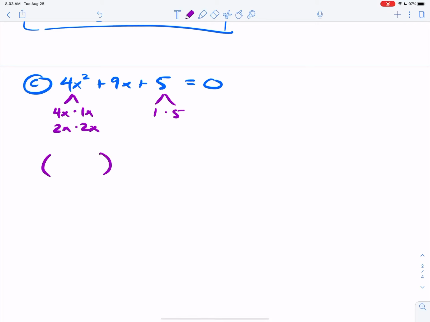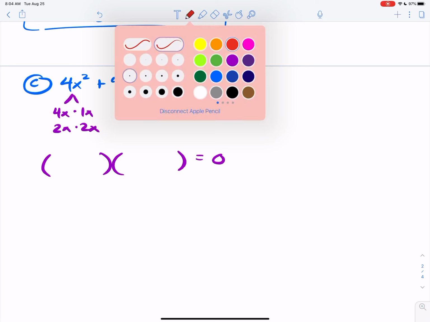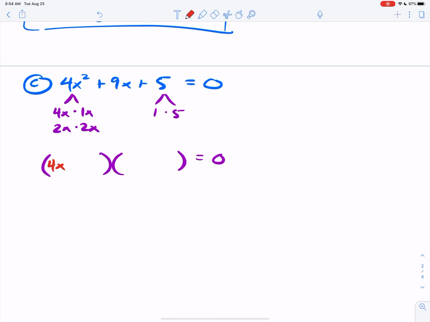So I don't know what this is going to look like, but let me just start off with 4x and 1x. I don't know if that's right, all right? And if I'm aiming for 9, I know if I put 5 here, my outer will be 20, so that's going to be too large. So maybe let's put 1 here and let's put 5 here.